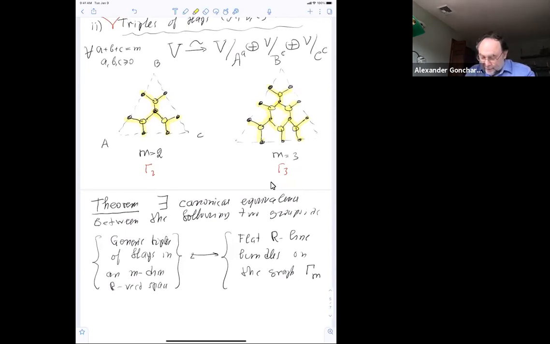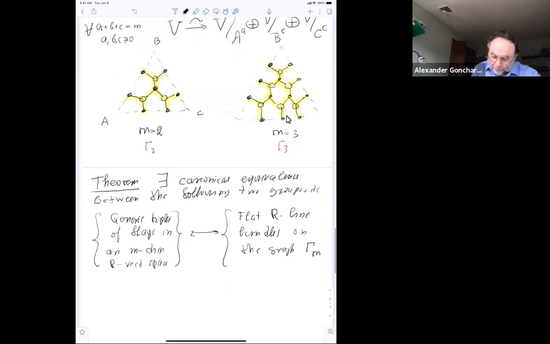So what does it mean? So forget about groupoids, but if you just want to understand the isomorphism classes we're talking about here, then what you learn is that in the case when m equals 2, there are no parameters. So there is just one local system because the graph has trivial topology, this graph. But this graph already has non-trivial topology.